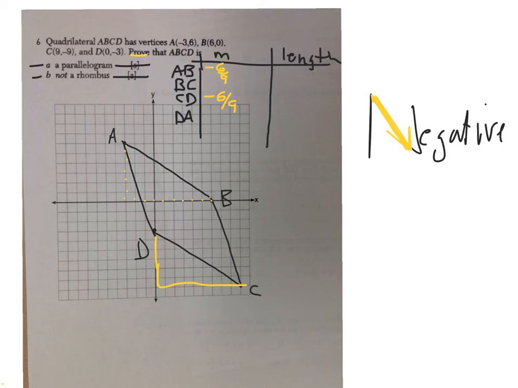The slope of BC is down 1, 2, 3, 4, 5, 6, 7, 8, 9, and over 1, 2, 3. So BC is down 9 over 3. DA is also down 9 over 3.